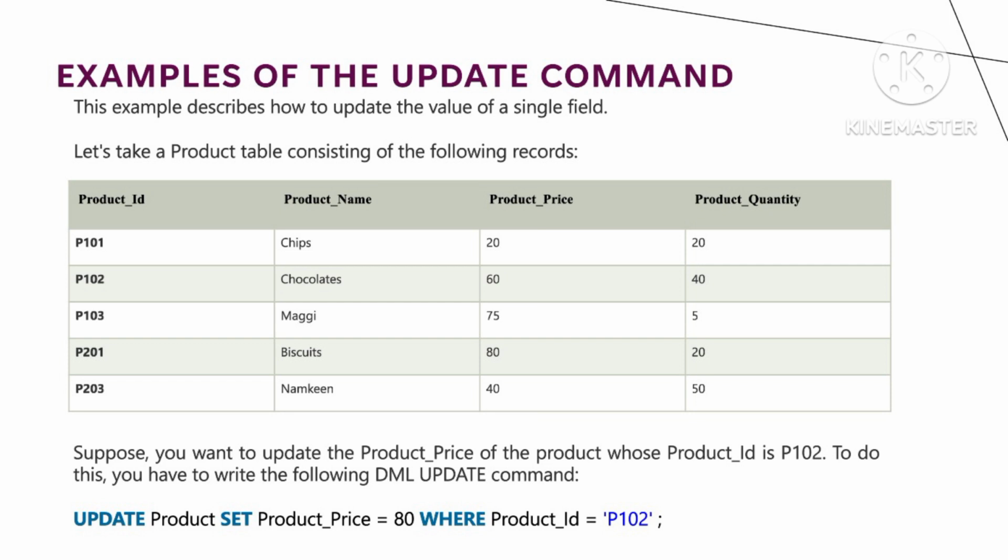What we are going to set the product price to 80. Where we are going to set it as 80? So here, as we have mentioned, where the product ID is P102, we are going to set the product price as 80. So this statement would help in updating the product price of the P102, where the product name is chocolate, to 80.